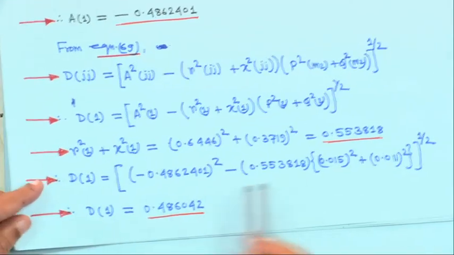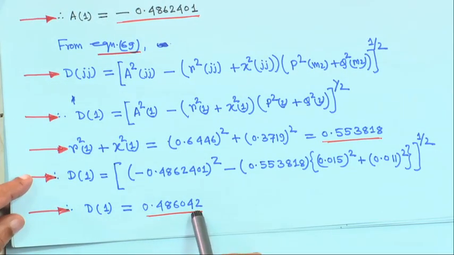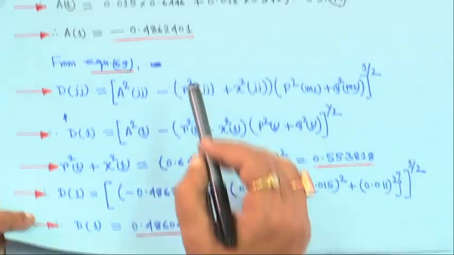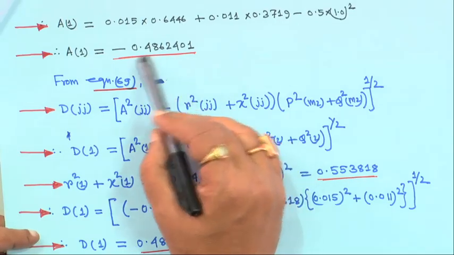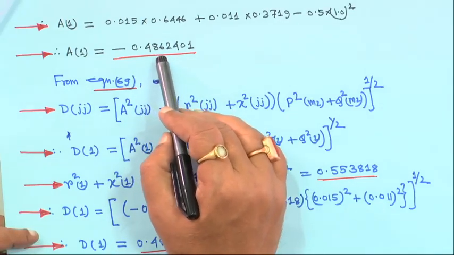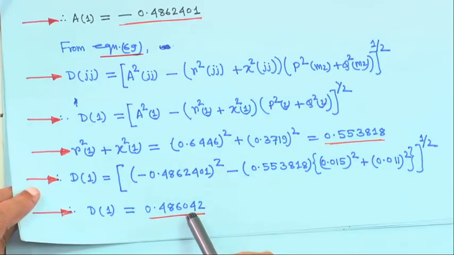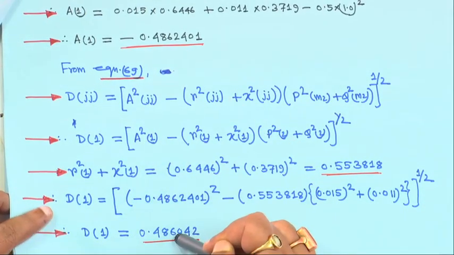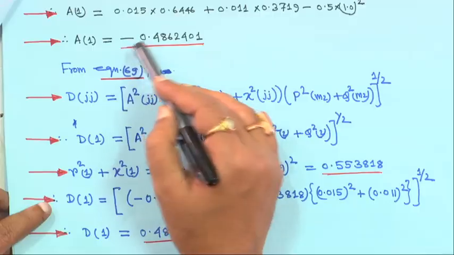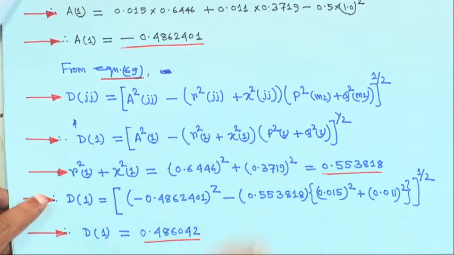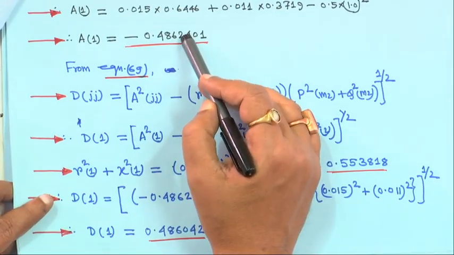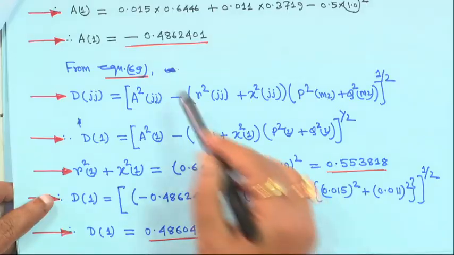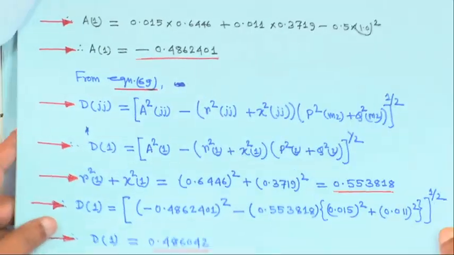If you simplify this, D1 will become 0.486042. So, A1 is minus of this thing, very close, only the sign difference is there. Up to the first 3 decimal places these two are almost the same, right, but there is a negative sign here. Every iteration you will find that magnitude wise these two terms will be very close, right, but here it is a negative sign.